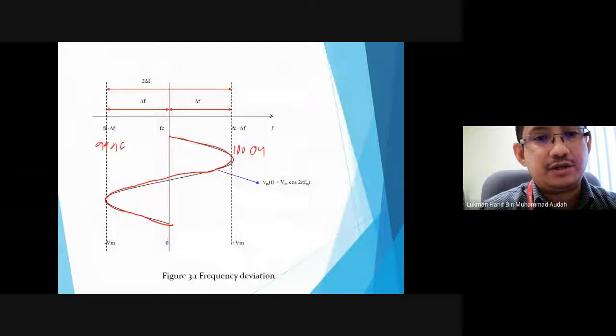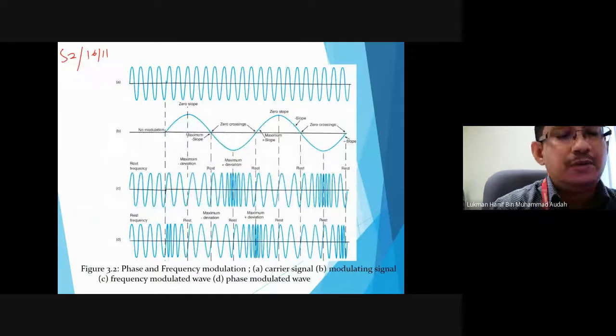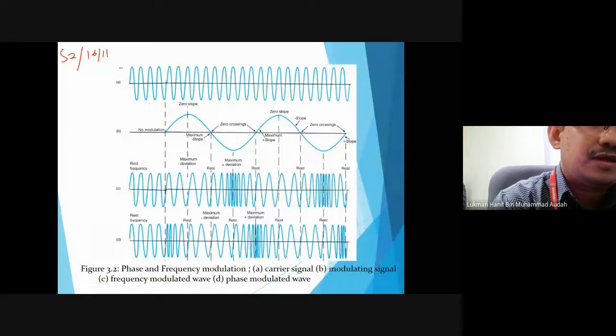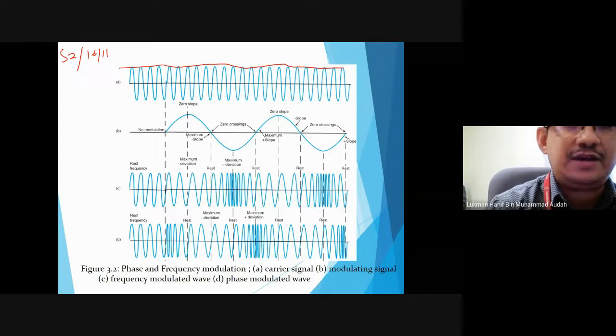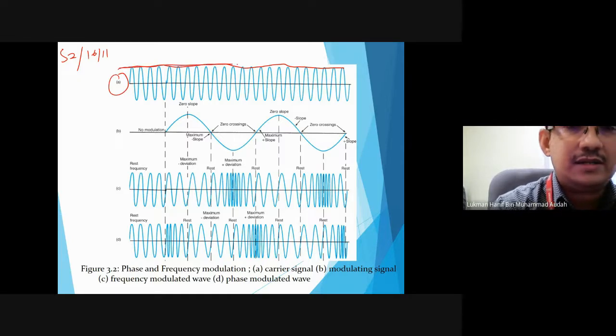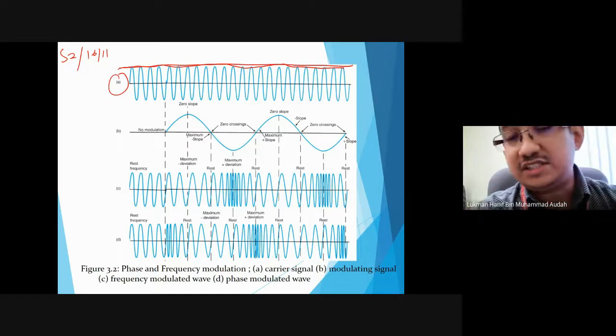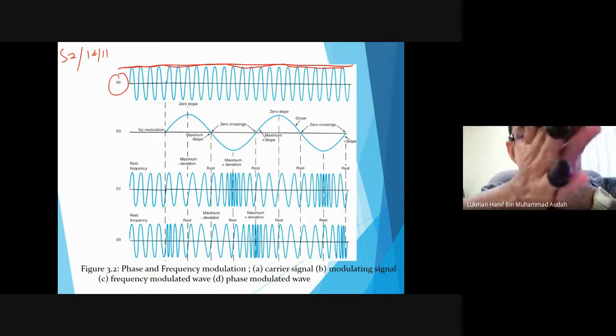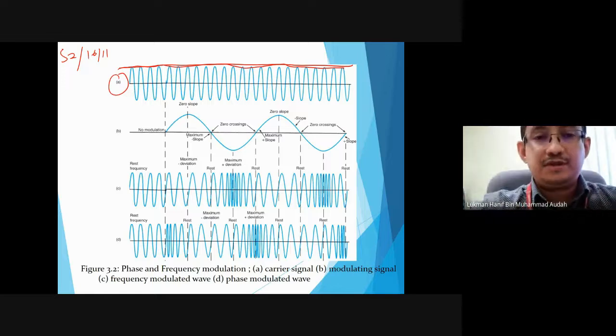Kalau you lihat di sini, amplitude carrier yang gambar rajah atas ni adalah consistent. Yang mana dia berubah-ubah dari segi dia punya frekuensi dan fasa.